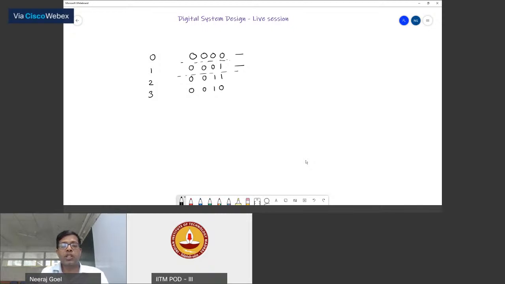In the same way, if I would like to make 4, what will we do? We'll consider these 4 numbers and create a mirror representation where this bit will become 1, 0, 1, and the rest of the bits are same.